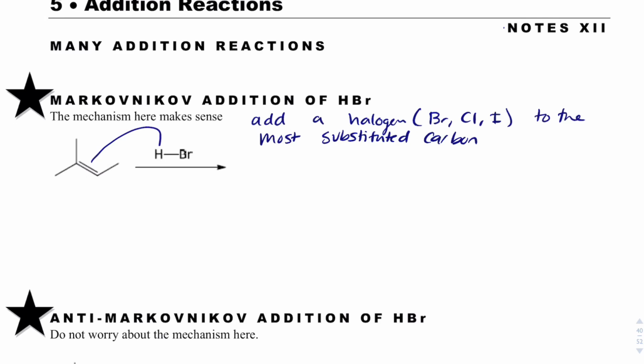This nucleophile attacks a hydrogen, and then the electrons go back to bromine. We're going to put the hydrogen down here. That's our added hydrogen, because that puts our positive charge on the most substituted carbon, leaving us with a tertiary carbocation intermediate.